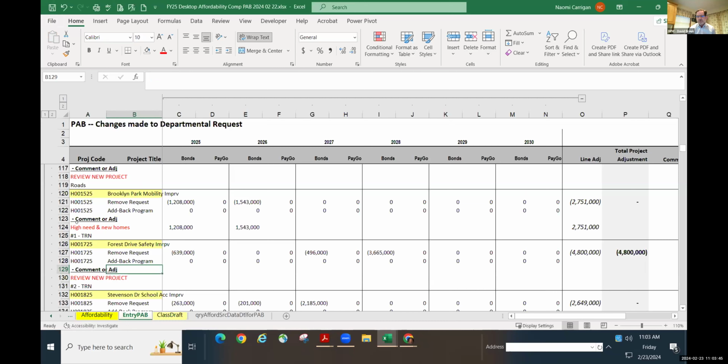What we've got shown in FY 25 is the short-term improvements, both design and construction. The study identified short-term, mid-term, and long-term improvements. The mid-term improvements are showing design in 27 and construction in 28, so that would in essence be a phase 2 of the project.